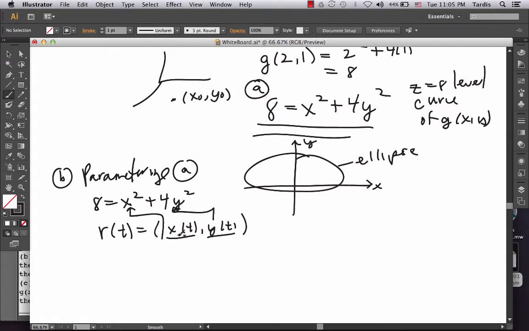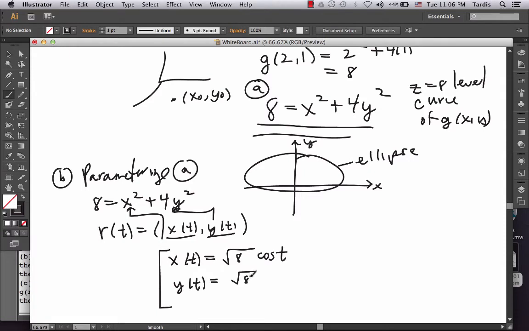So can you think of an x and a y that if you plug it in will give you 8? The answer is square root of 8 cosine t. Now this is just one possible answer. One possible answer is x of t equal to square root of 8 cosine of t. Y of t: if this was a hint for x, can you figure out what y has to be?